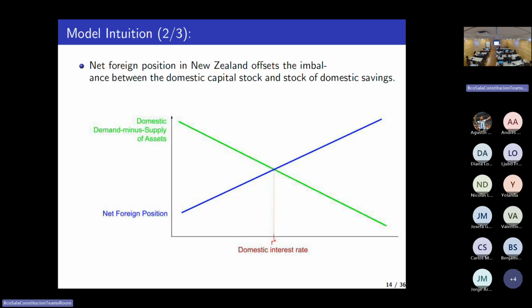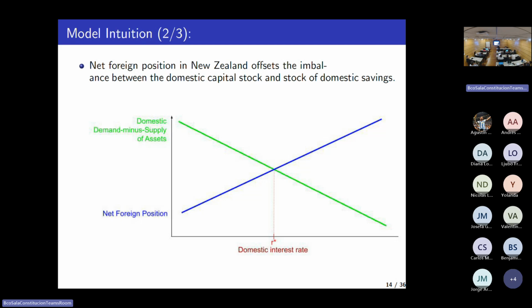And then that net foreign position, where it equals the net demand and supply of assets domestically, is where we find the domestic interest rate. This domestic demand and supply of assets is what I described before. The supply is household savings, and the demand is that you can either use it as physical capital or as government debt.